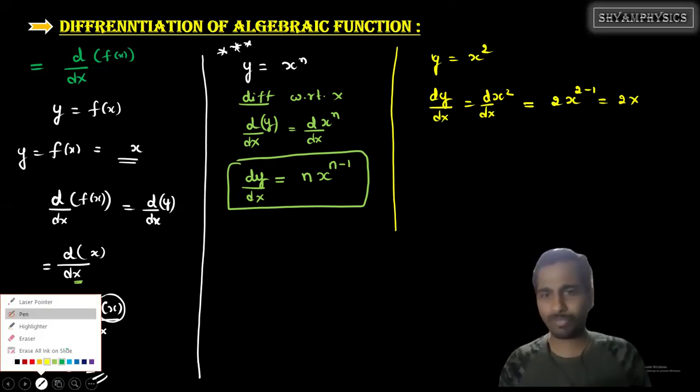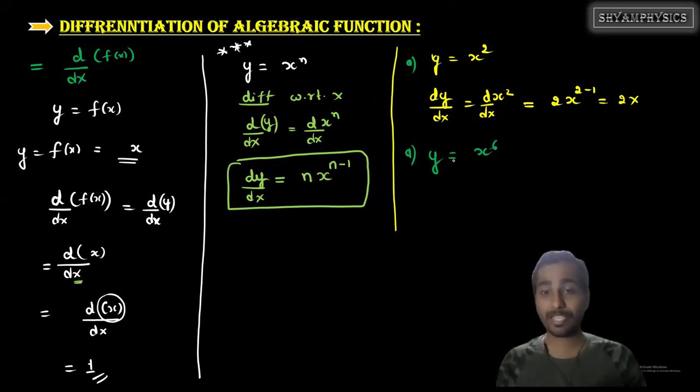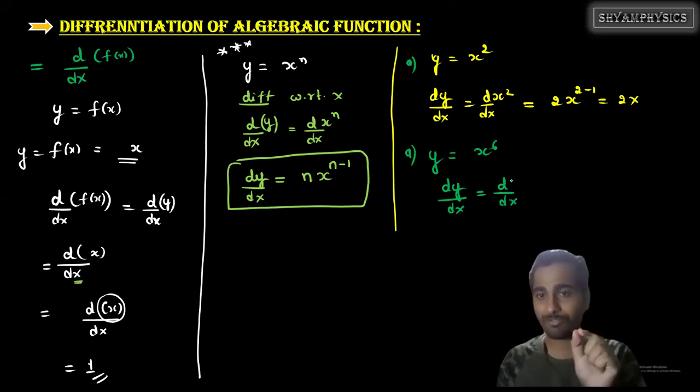For example, we'll go with one more. Y is equal to x to the power 6. Now tell me how to do that one. Sir, it is differentiation, dy by dx. Here we need to put d by dx of function of y. What is that? x to the power 6.